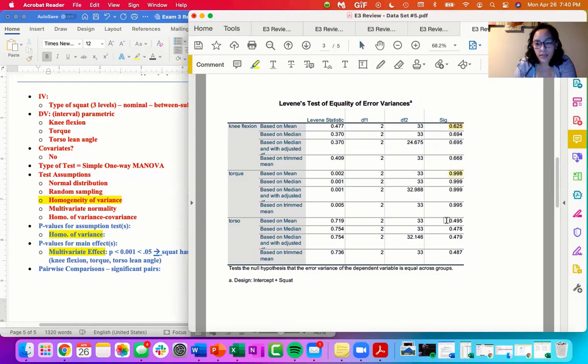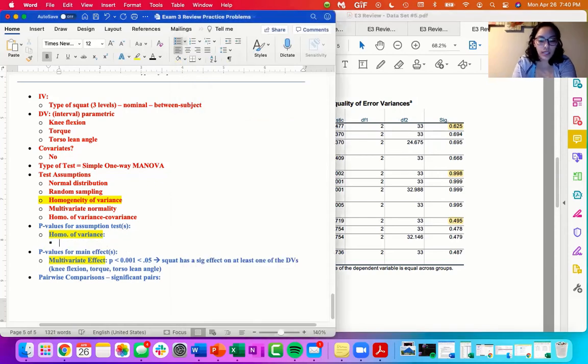Again, we always go based on mean. So we have a p-value for knee flexion, which is equal to 0.625, which is greater than 0.05.